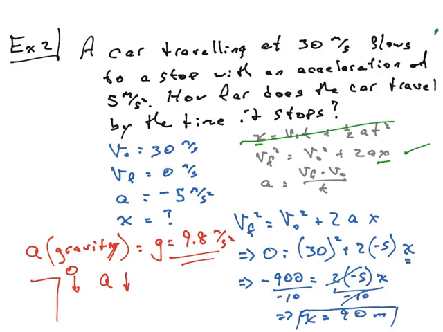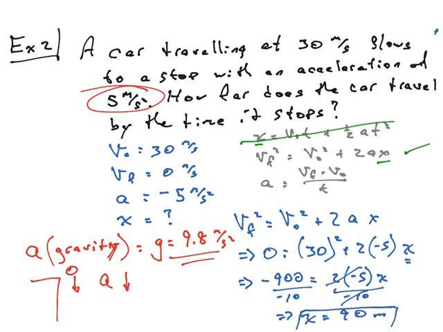So downwards, as you're going to see, if we take up to be the positive direction, downwards the negative direction, so a lot of times we'll say the acceleration due to gravity is negative 9.8. This is just something you have to memorize. In other problems like this one, where we're given the acceleration of the car is 5, you don't know what the acceleration is. You have to be given it.